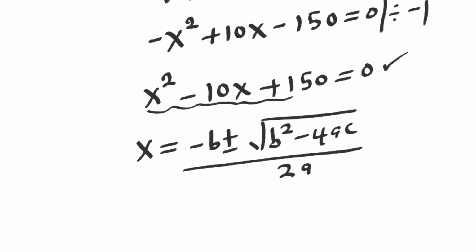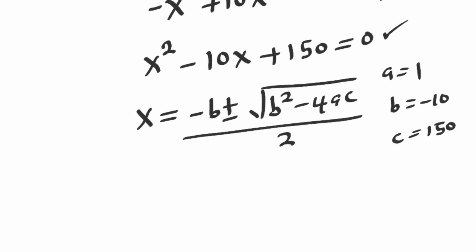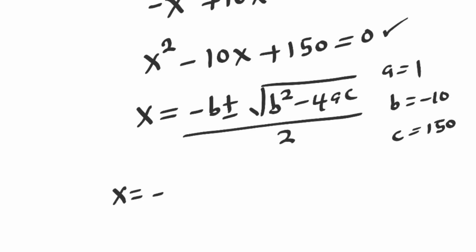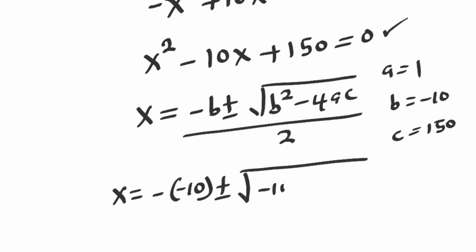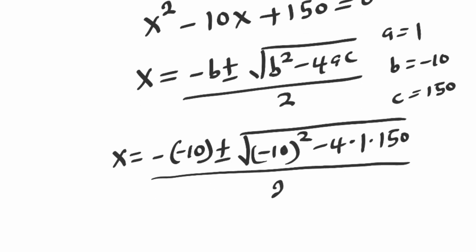And from this equation here, a is equal to 1, b is equal to minus 10, c is equal to 150. x is equal to minus bracket minus 10 plus or minus square root of minus 10 squared minus 4 multiplied by 1 multiplied by 150, which is c, and a is 1, divided by 2 multiplied by 1.